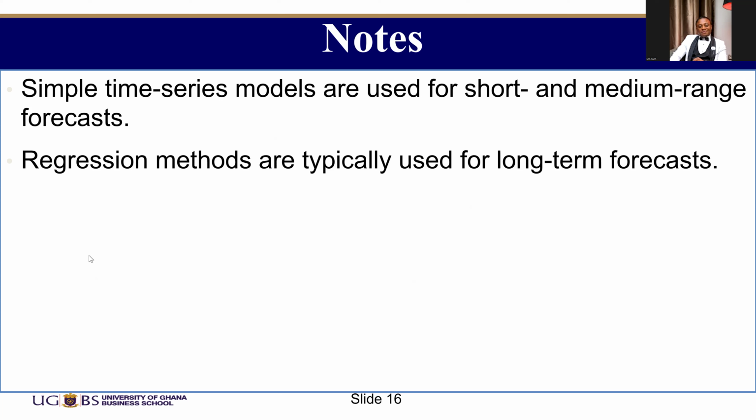So all the ones we have done, the naive forecasting, the simple moving average, the weighted moving average, the Holt and the Holt-Winters, double and triple exponential smoothing, are used for short and medium term. But the regression we've just done is usually used for long-term series.